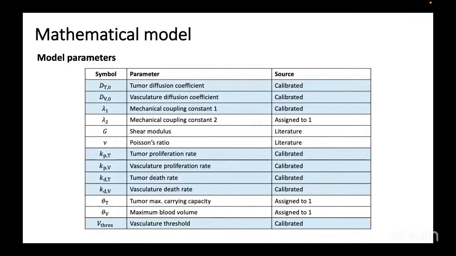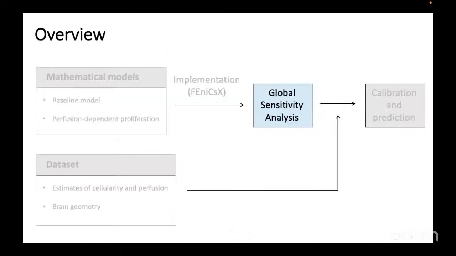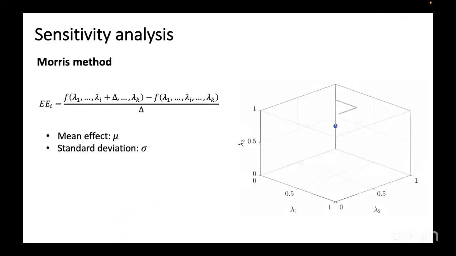The ones that are shaded in blue are the ones that we are going to calibrate, and the other ones we assume as fixed. So to establish if it's necessary to calibrate all of the parameters, we carried out a global sensitivity analysis following the Morris method, which briefly, is a sensitivity analysis technique that establishes the importance or the effect of each parameter on a model output by varying the parameters one at a time.